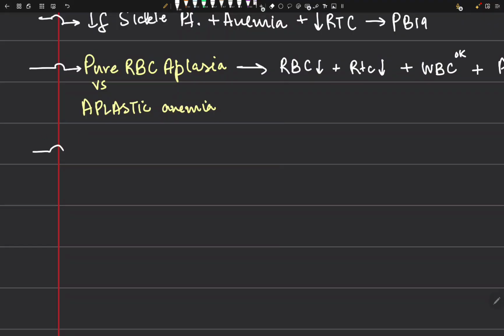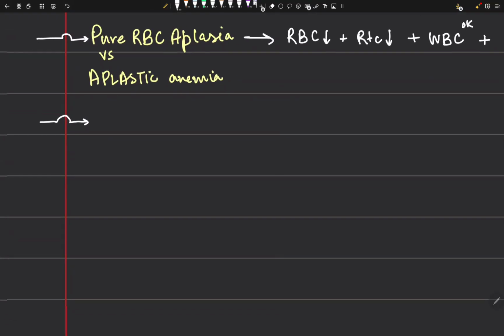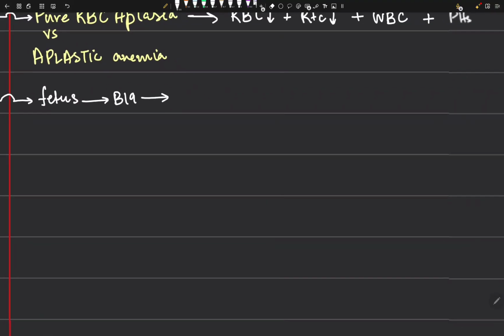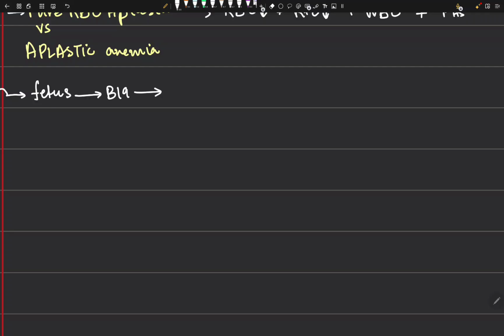So pure RBC aplasia is much more classic, right? Now, why do we see a broad spectrum aplastic anemia in fetus? In the fetus, B19 actually destroys the fetal erythroid precursors, right? Now the fetus becomes really anemic.